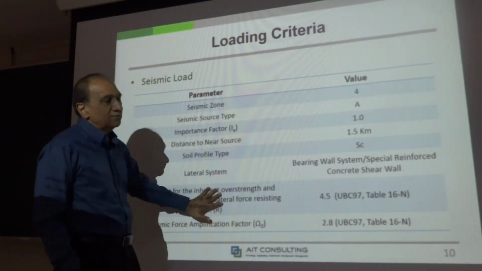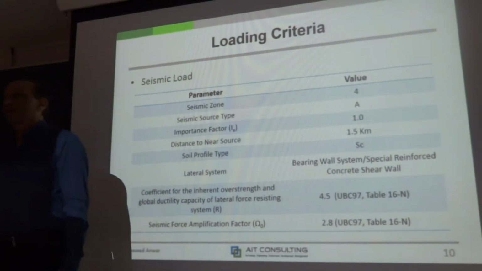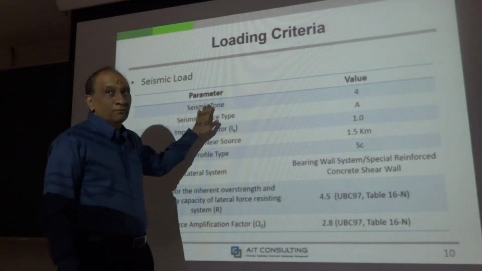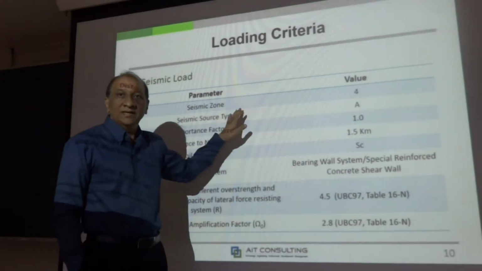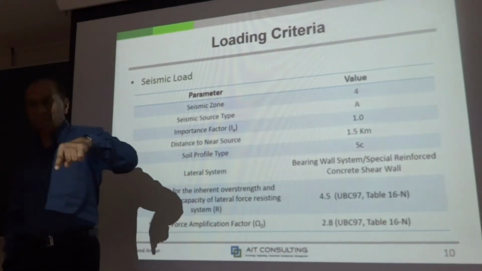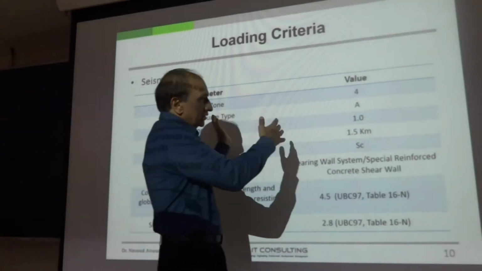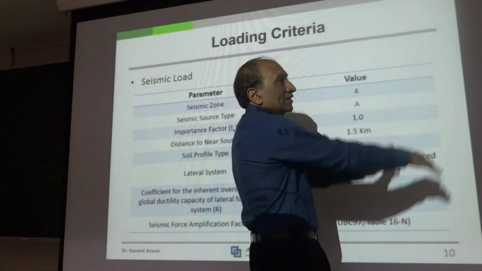These are critical information that must be stated: okay, my building will be designed for these criteria. It depends on location, seismic zone 4 highest, 3 medium, and so on. So you must have a seismic map where the zoning is marked, and from that you pick up. But now, these days, in the new code, we specify it in a different way.